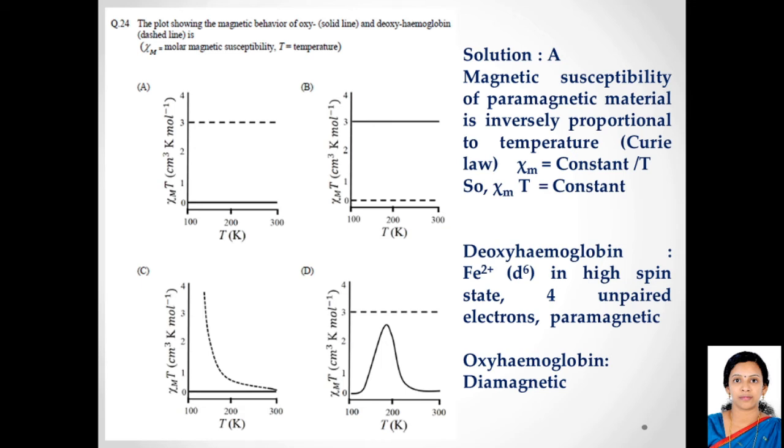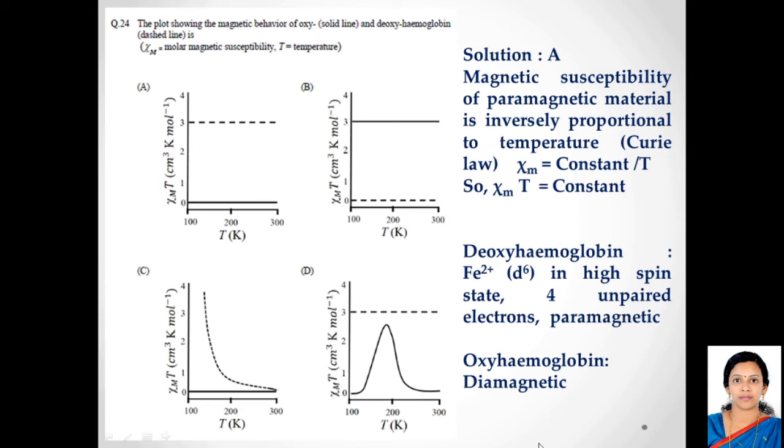If you look at the octahedral arrangement, T2G and EG, you fill one electron each in each of these five orbitals, so the lowest orbital in the T2G will have one pair, and the other four electrons will be unpaired. So there are four unpaired electrons in Fe2+, which means deoxyhemoglobin is a paramagnetic species.